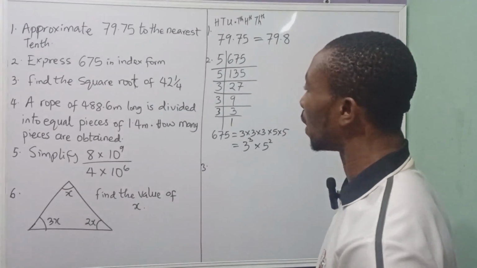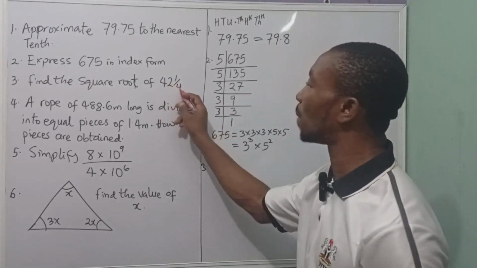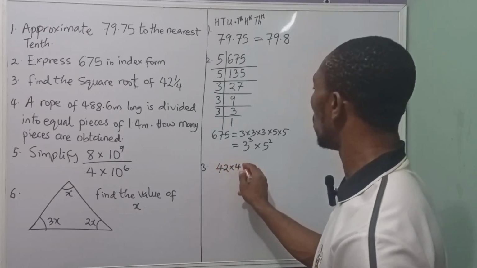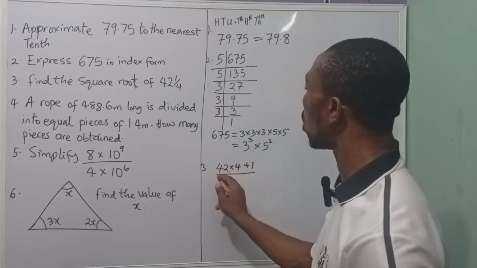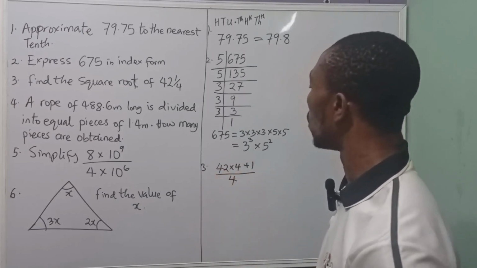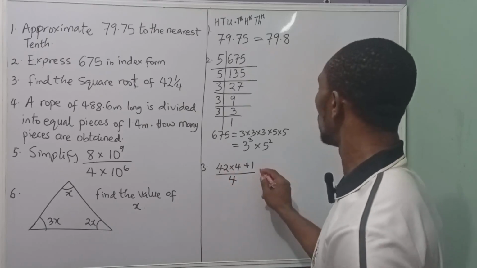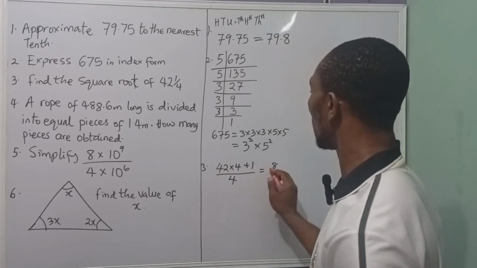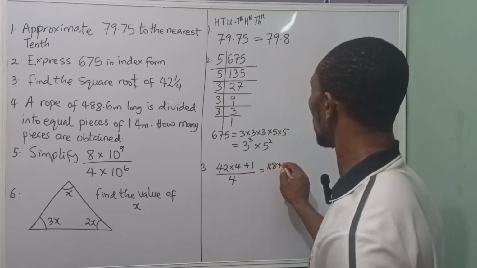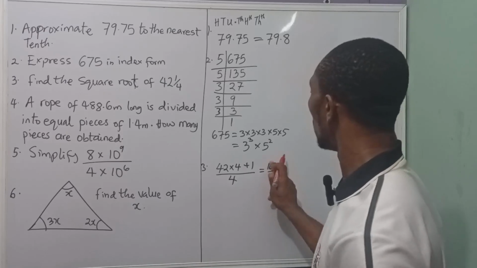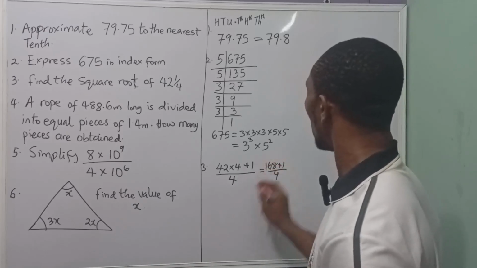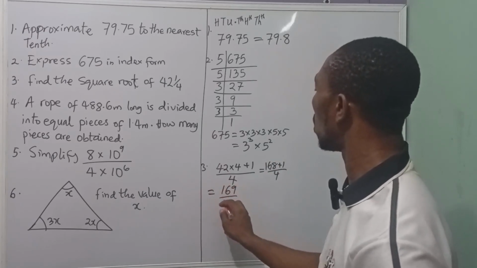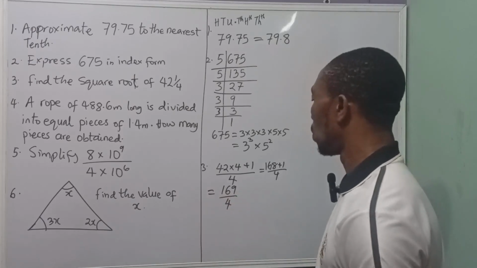To do that, we multiply 42 by 4, then add 1, all over 4. 4 times 2 gives us 8, 4 times 4 gives us 16, plus 1 over 4. So this becomes 169 all over 4.